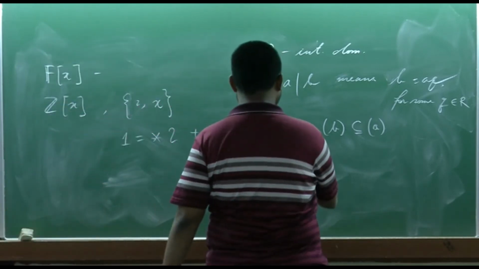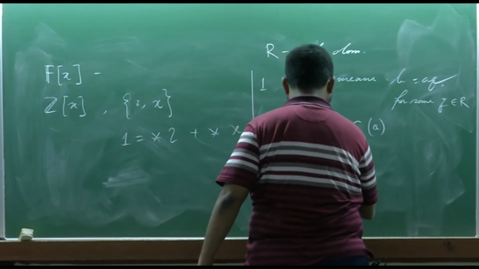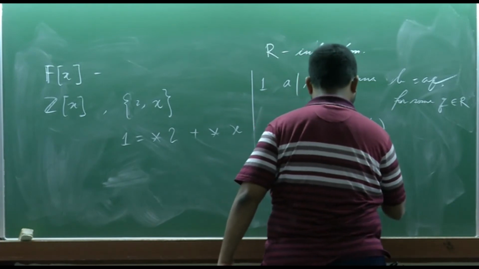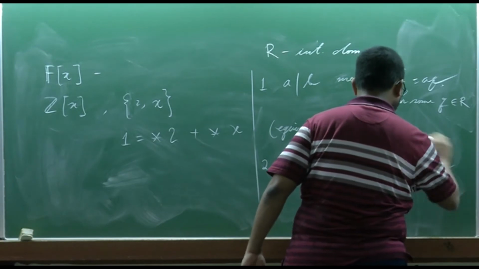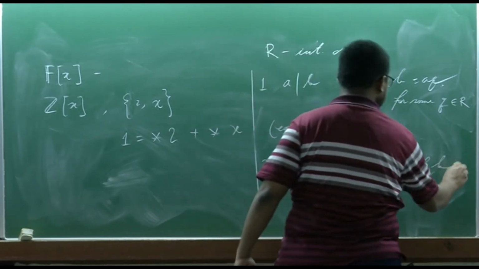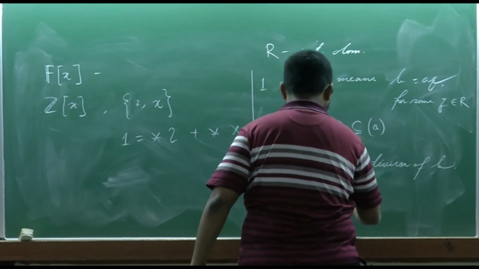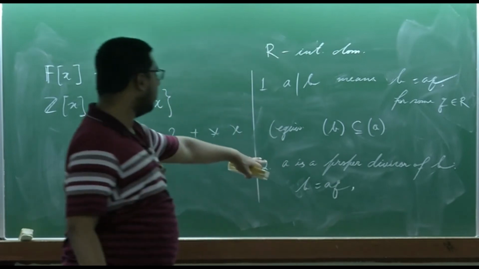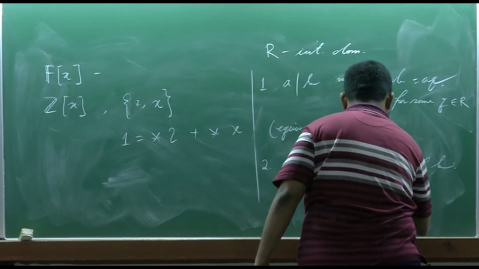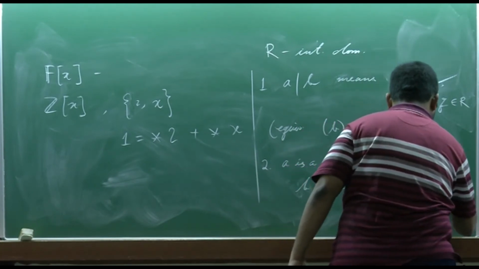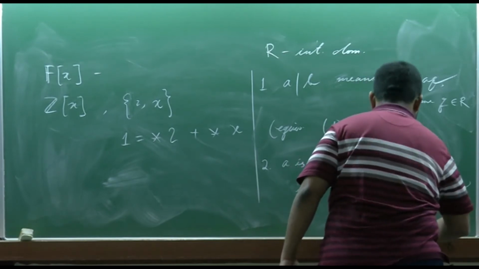Now, we call proper divisor. A is a proper divisor of B. What it means is, of course, A has to be a divisor of B, but here proper means neither A nor Q is a unit.